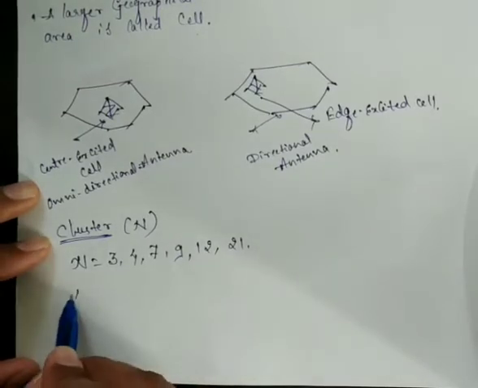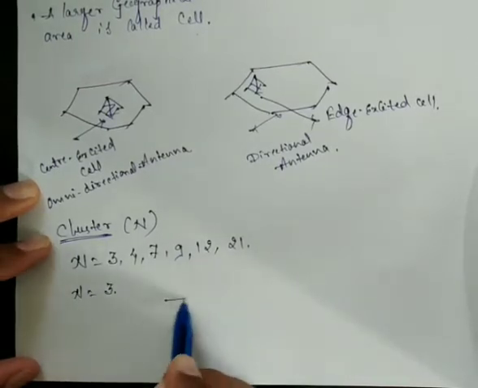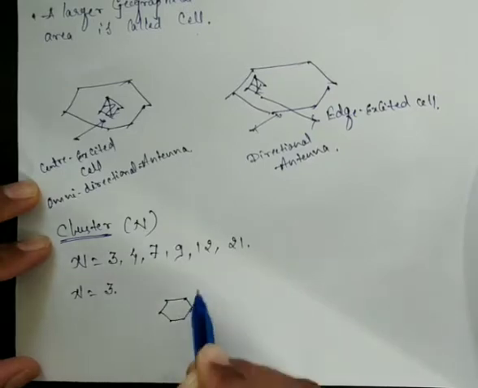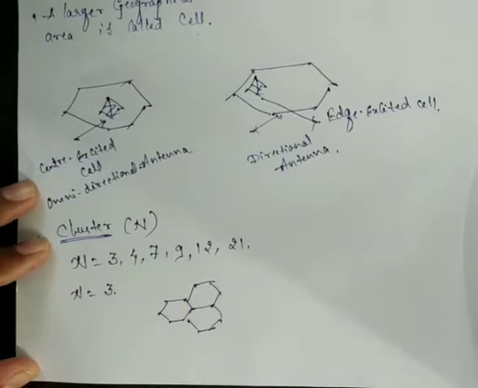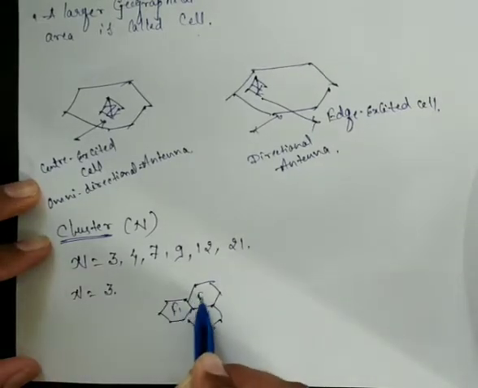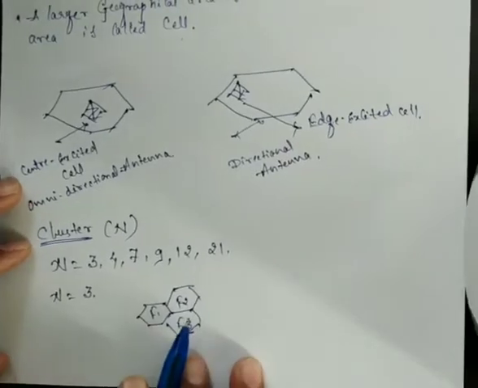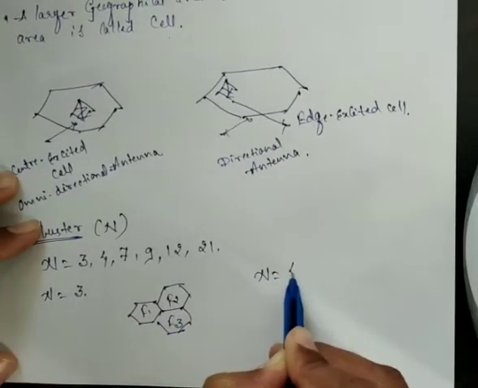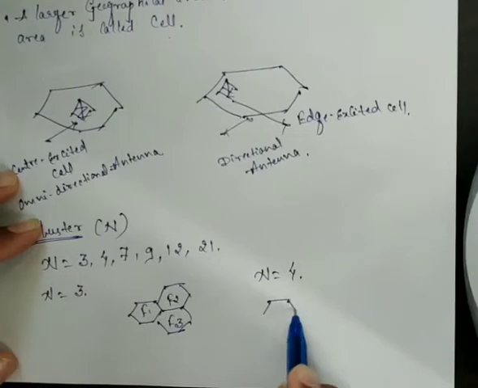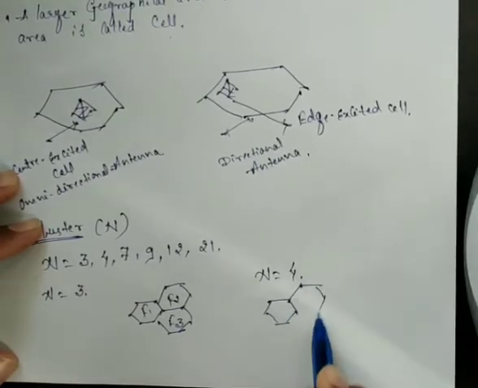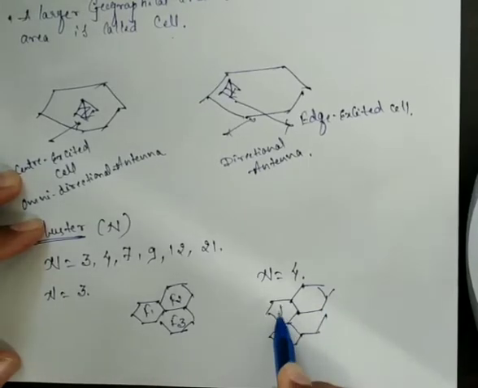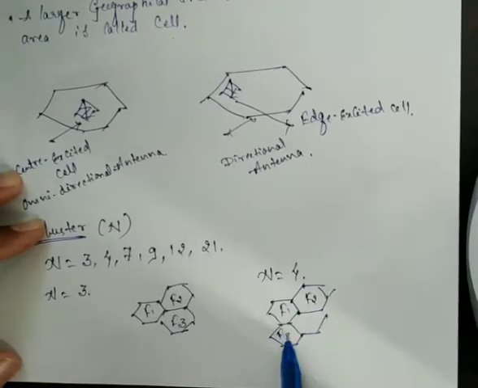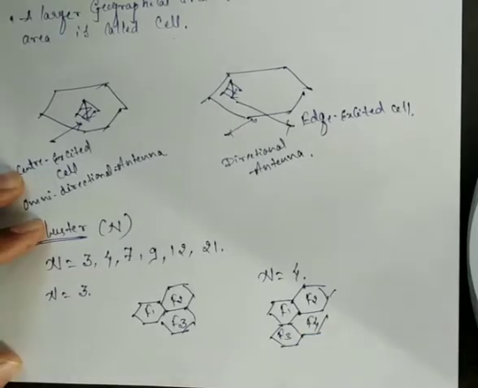If you want to draw n equals 3, you have to draw 3 cells, F1, F2 and F3. Similarly, for n equals 4, you draw 4 cells, F1, F2, F3, F4.